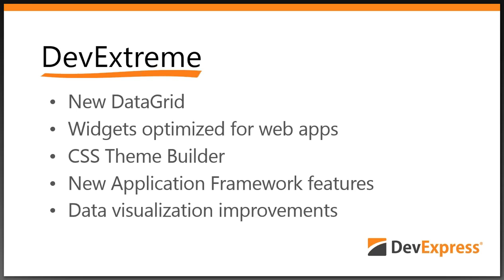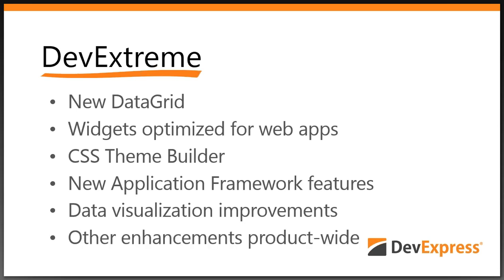Data visualization improvements. Here we're talking about the charting product of DevExtreme. We've added a couple more charting types, and we've been doing some optimizations inside the charting product as well. There are other enhancements product-wide, mostly in the realm of performance.